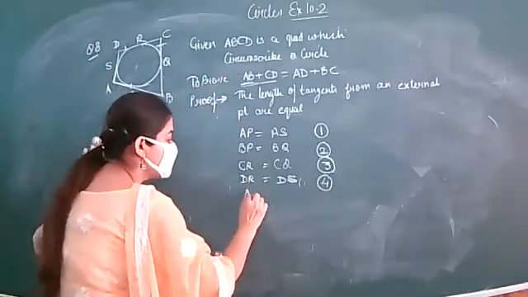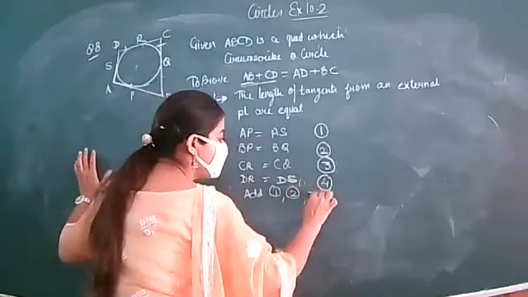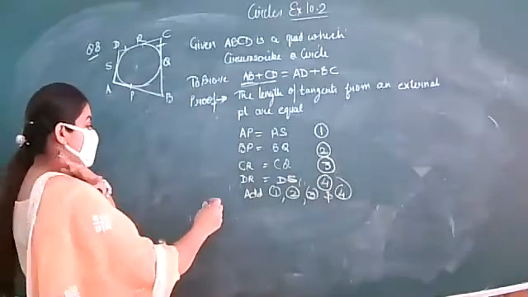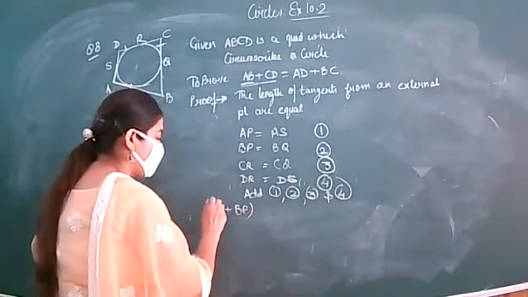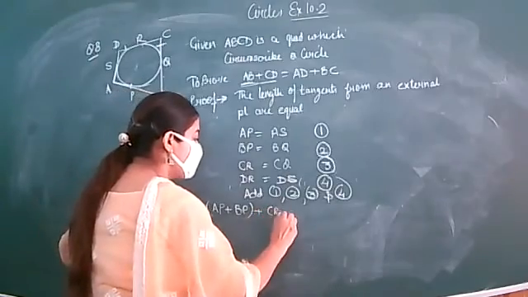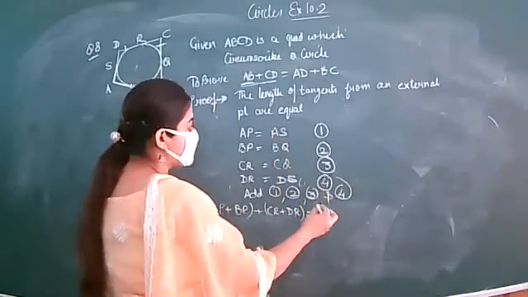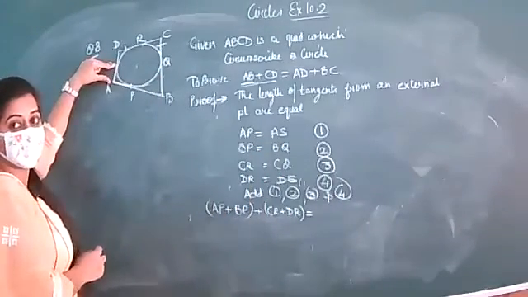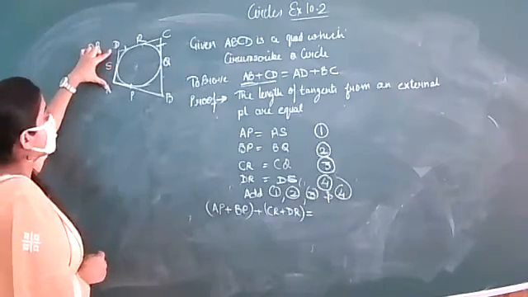So add all these, add 1, 2, 3, and 4. That will give you, I'm writing here, AP plus PB in one bracket, CR plus DR in the second bracket. And on the right hand side, if you add AS, what should be added with AS? With AS, we need DS to make AD.